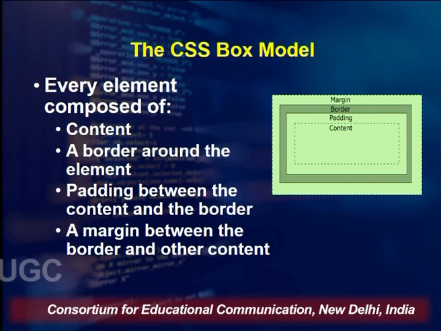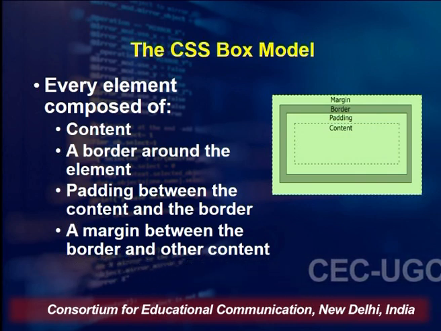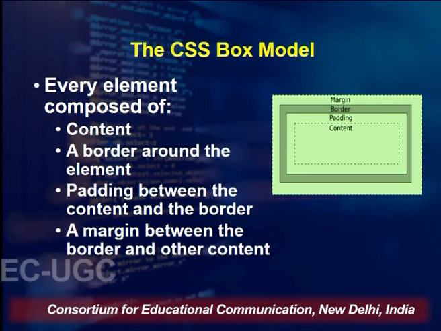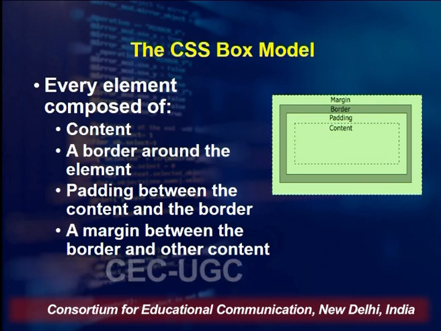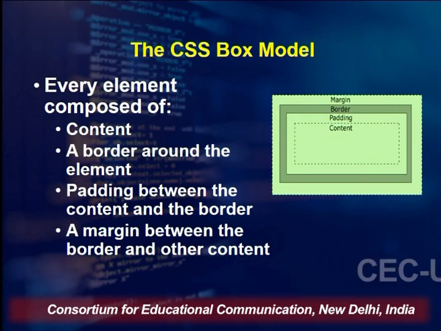So you have the content and then you have the border. Between the border and the content you have some space. This space is known as the padding. So padding is the space between the content and the border, and then you have a margin. Margin is the space between the border and the other content.